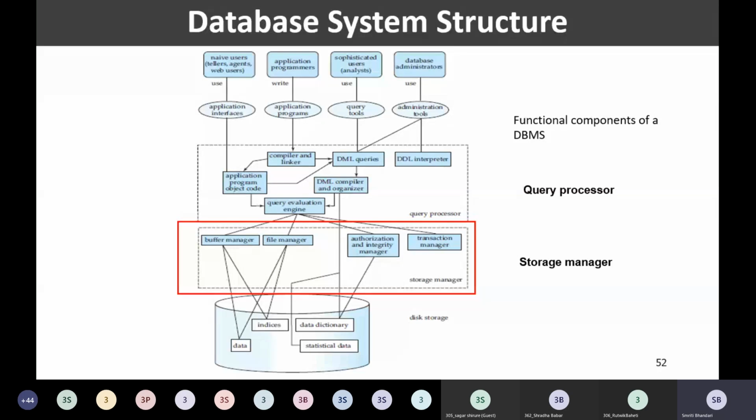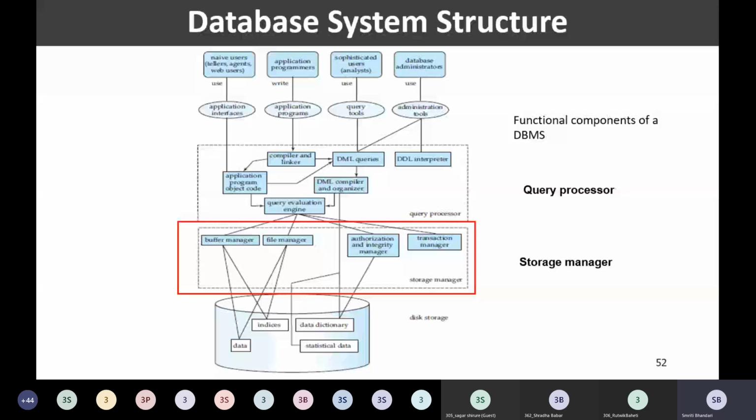The database system should ensure that these I/O operations are performed efficiently, that it is possible to read from the disk and also write into the disk efficiently. That is why some mechanisms are really required, and such functionalities or operations are performed by the storage manager.